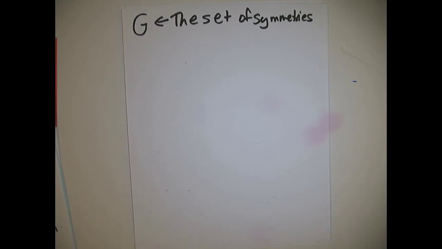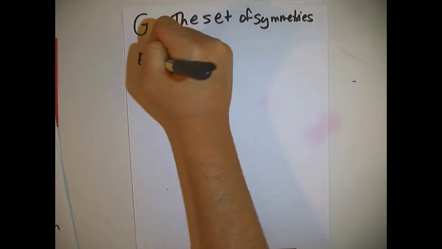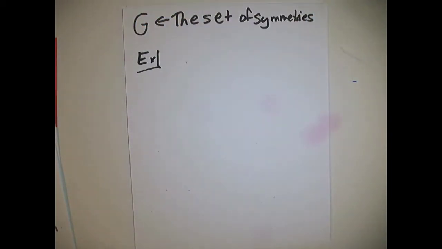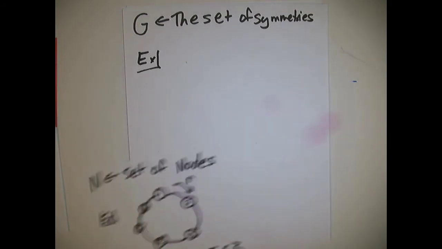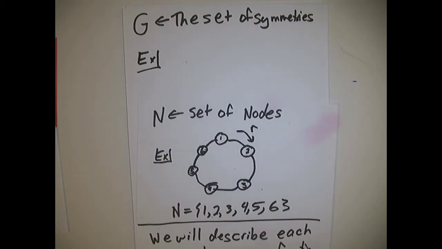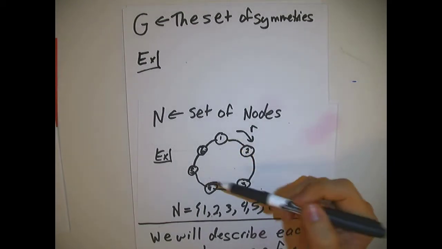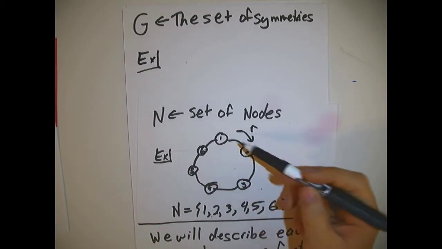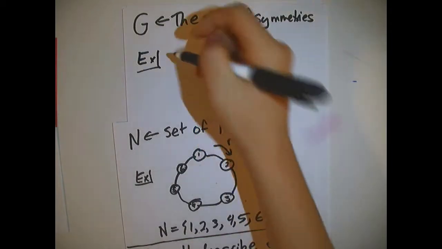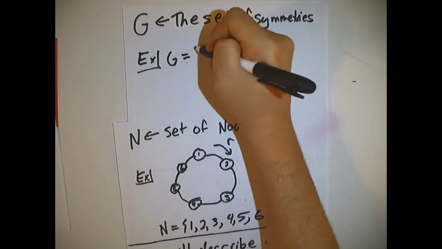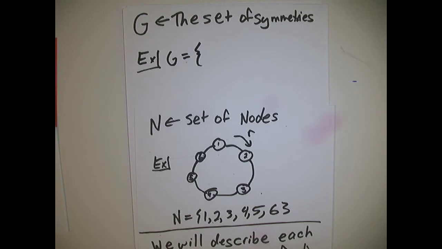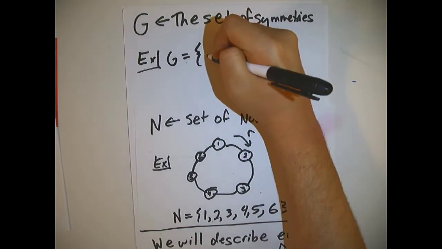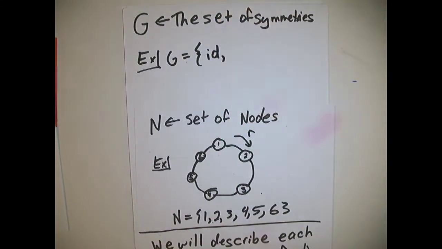In our example, the symmetries of our 6-bead necklace, there are 6 symmetries that correspond to the rotations. I'm going to give them all names. There's always going to be the symmetry where we don't do anything, which I'm going to call id.